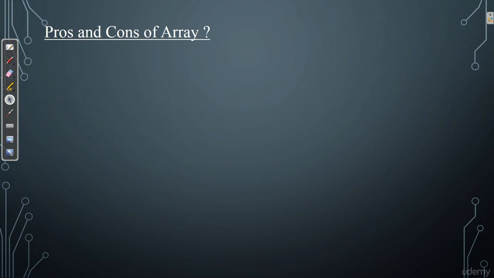Now that we have understood what is an array, why we need it, and what are the nuts and bolts of it, let's conclude the topic with pros and cons of using an array. As already said, the most important advantage of using an array is we don't need to declare multiple variables.